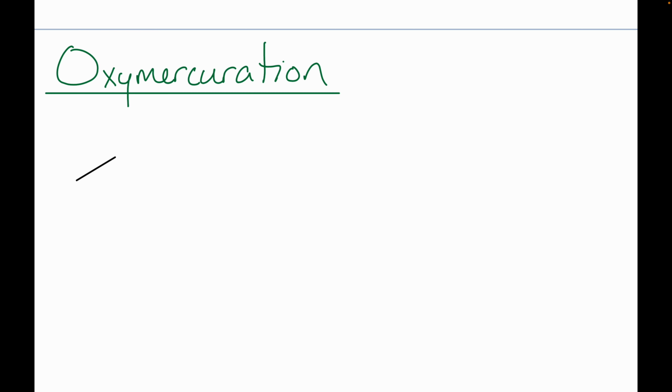All right, this is where we take our alkene and we're going to hit it with something fancy here. We're going to have a much more sophisticated set of reagents. We're going to use mercury acetate. So mercury, and then we abbreviate acetate as OAc. There's actually two of them.